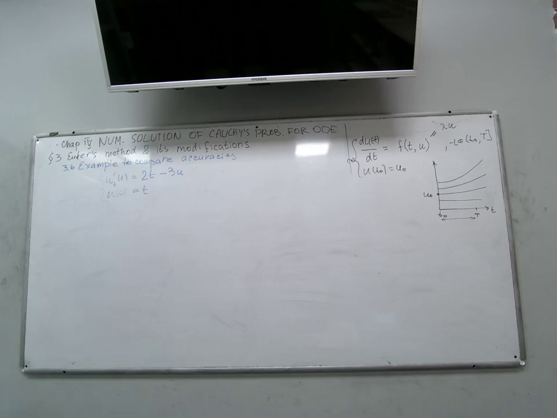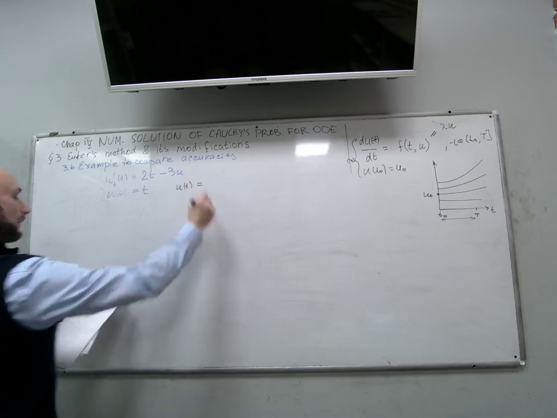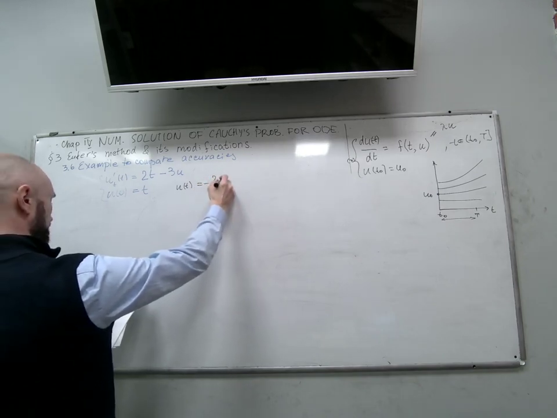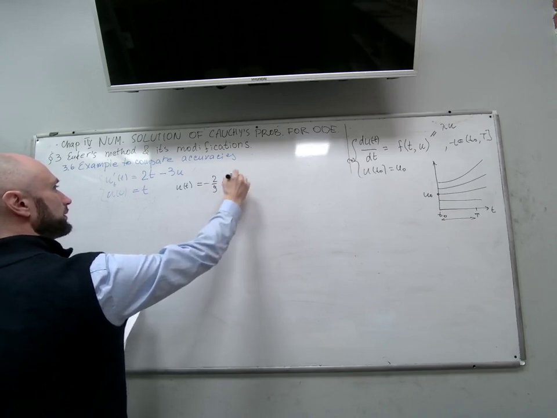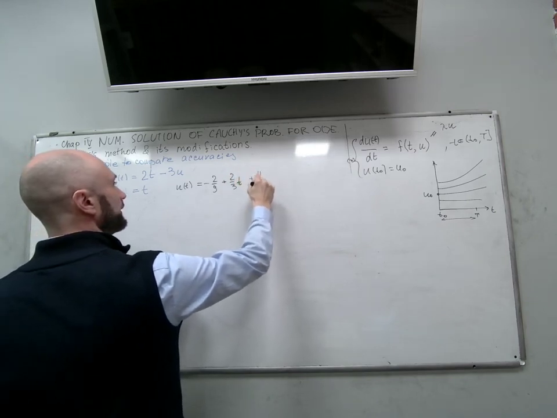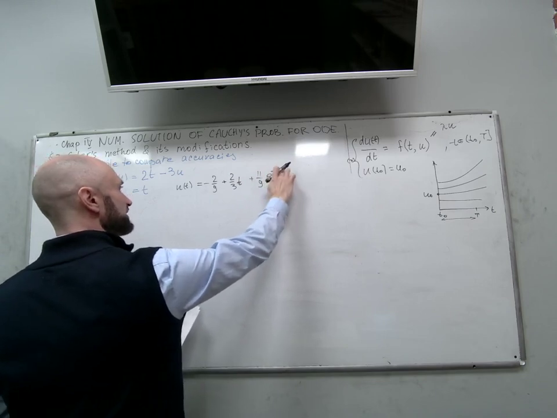So the exact solution of this is minus 2 over 9 plus 2 over 3 t, plus 11 over 9 e to the power of minus 3t.